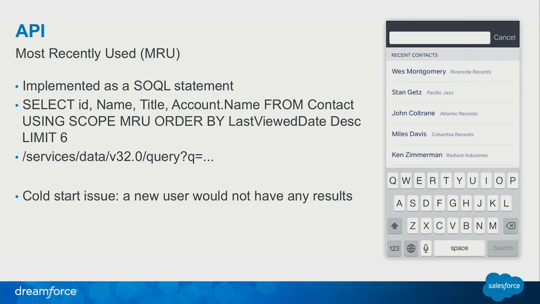I have also to mention what I call the cold start issue. For new users, they wouldn't have any result in the MRU, and so you still want a zero state screen for this user. So in that case, you would probably switch to displaying the last modified contacts so that a new user doesn't start empty.